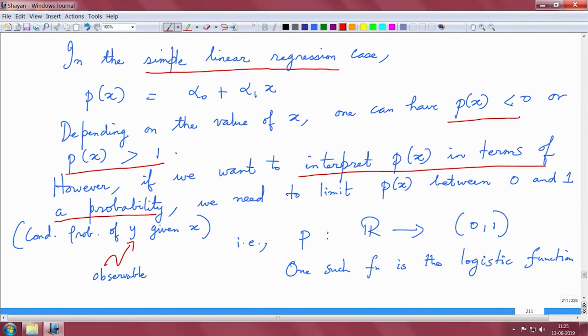We need to limit p of x between 0 and 1, because it has to be a valid probability function. Now, p is a function going from R to a value between 0 and 1, and one such function that satisfies this constraint is the logistic function.